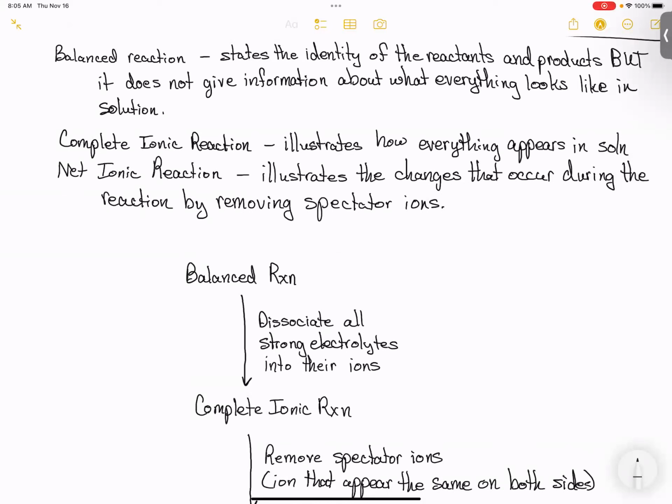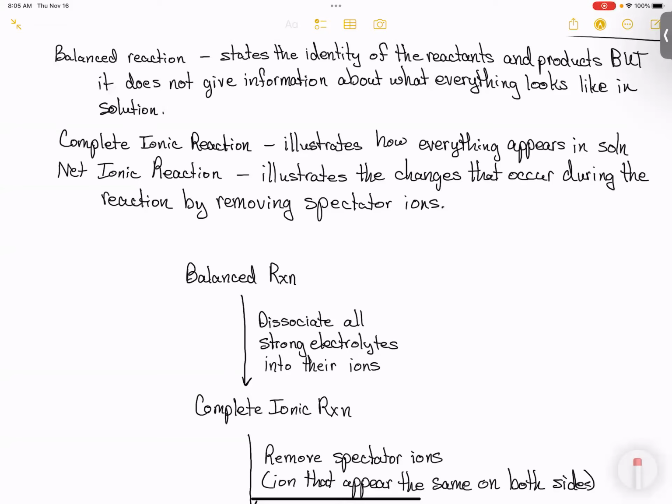To get to what's going on in the reaction itself, we want to look at the complete ionic. To go from the balanced equation to the complete ionic, we're going to dissociate all strong electrolytes. The reason we dissociate all strong electrolytes is because strong electrolytes dissociate entirely in water to form ions.